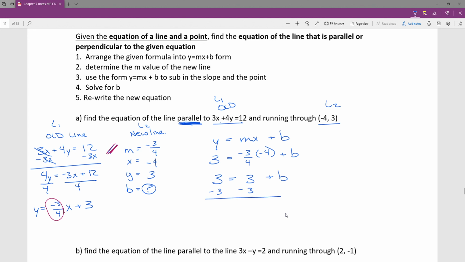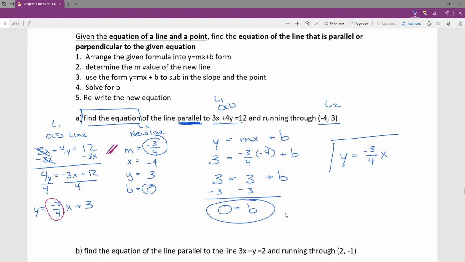So not satisfying when I get a 0 somehow. So 0 equals b. And from all this, that final leap of logic, the whole idea is that we're supposed to find the equation of the new line, right? So the equation of the line is y equals negative 3/4 x, because we know that our m value is fixed and our b value is fixed. It's a plus 0, so you can just leave it off if you like.